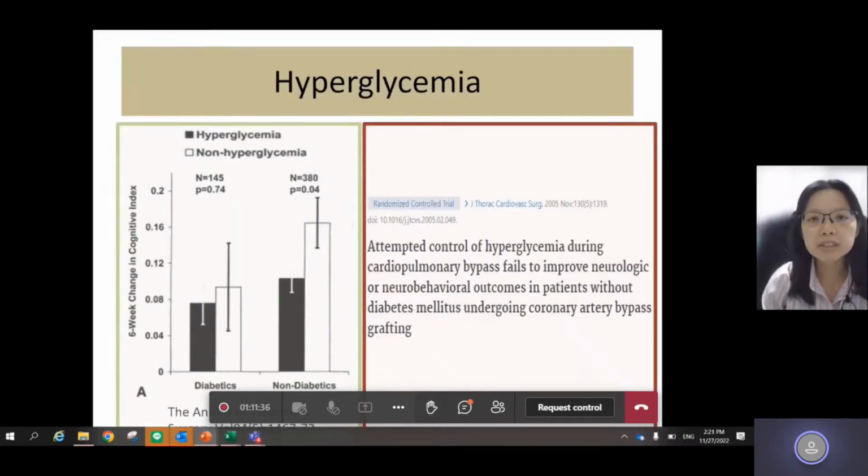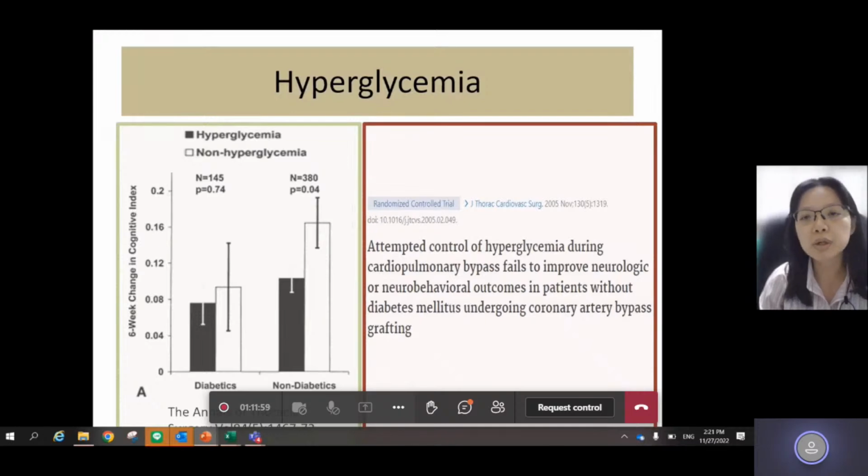And the other risk factor we like to talk about is hyperglycemia. There is evidence that hyperglycemia is associated with a lower cognitive index 6 weeks after the surgery, in diabetic, in hyperglycemic patients 6 weeks after the cardiac surgery.